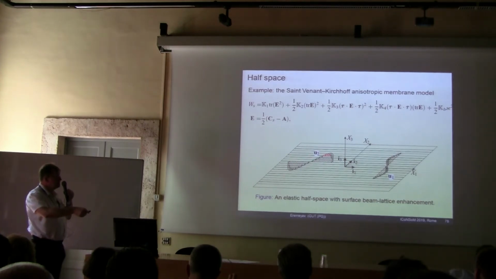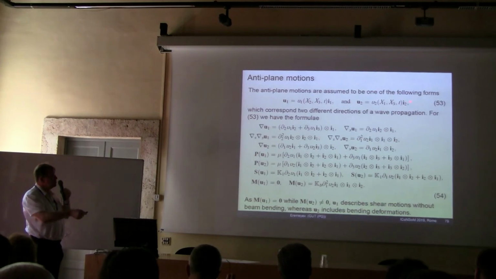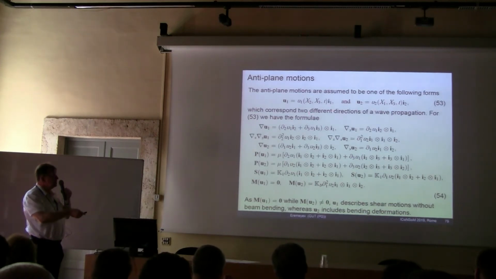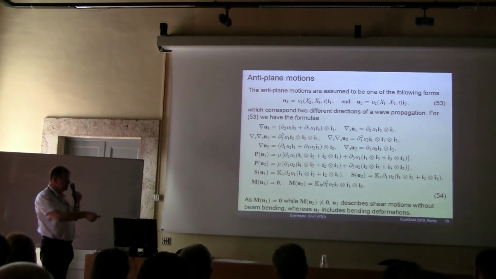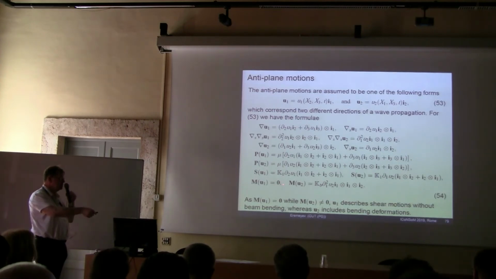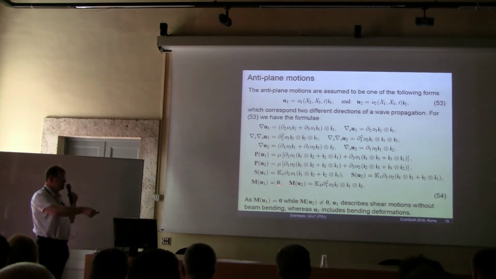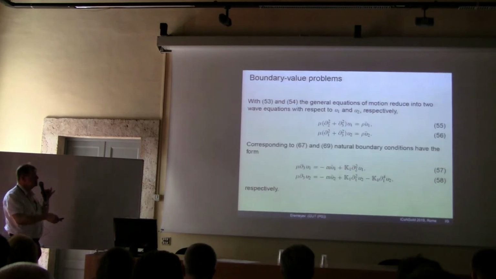So we can consider 2 modes. We have 2 possible antiplane motions here. After some manipulation, we can consider that in this case surface hyperstresses are absent, while for the second mode the surface hyperstresses are present. So it's just shearing and bending modes in this case.